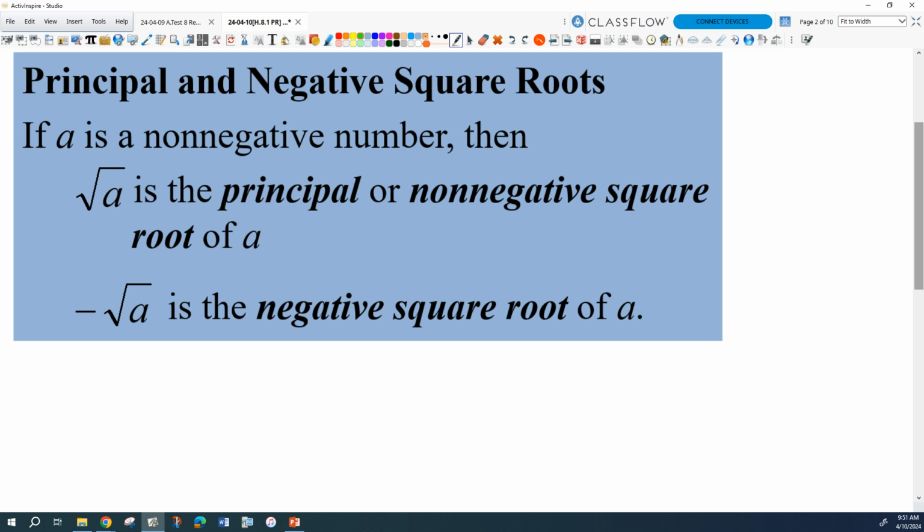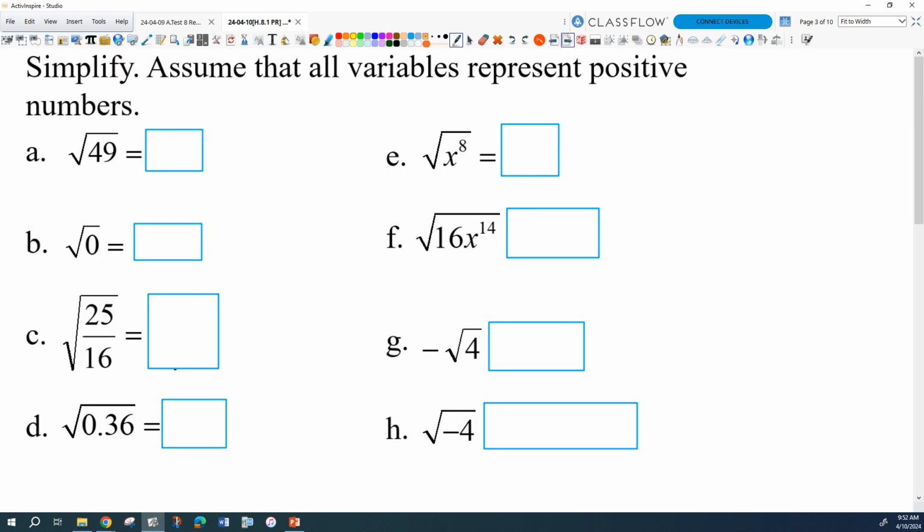So again, summary: if a is a non-negative number, it can't be negative, we'll talk about why later, the square root of a is the principal square root, and negative the square root of a is the negative square root. The principal square root is the one that we always talk about. We rarely ever would even talk about the other one. It exists, but we'll always refer to the principal square root.